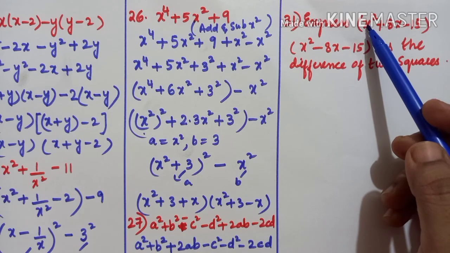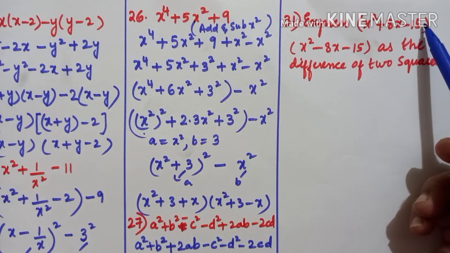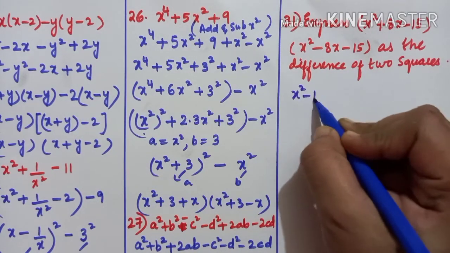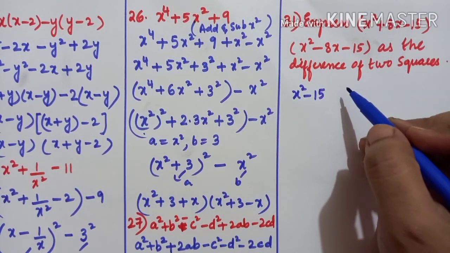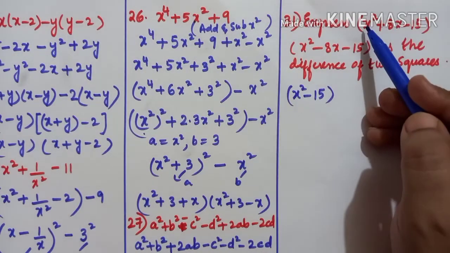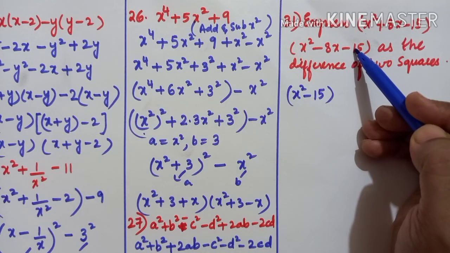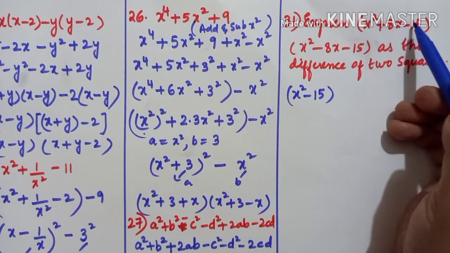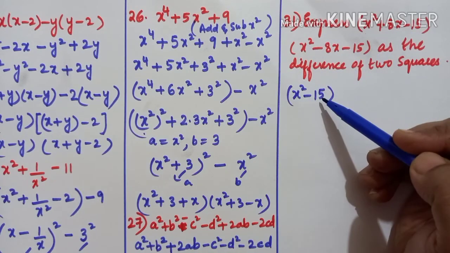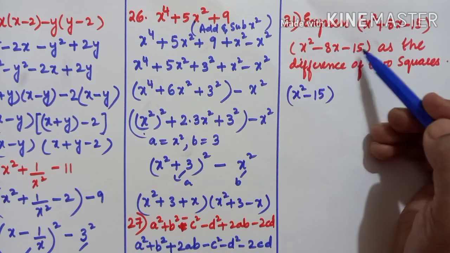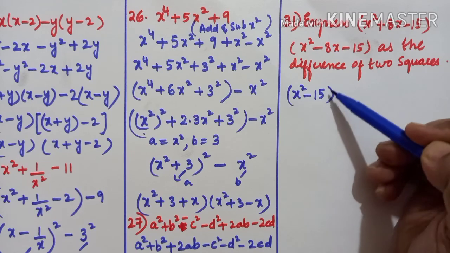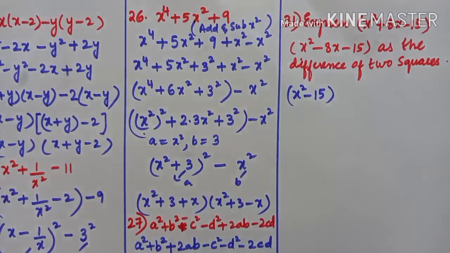So first of all, let us take x square minus 15, then here plus 8x. This x square minus 15 is the same in both the expressions, so that's why I'm writing x square minus 15 under bracket, so that we can assume it as one term, that is a.